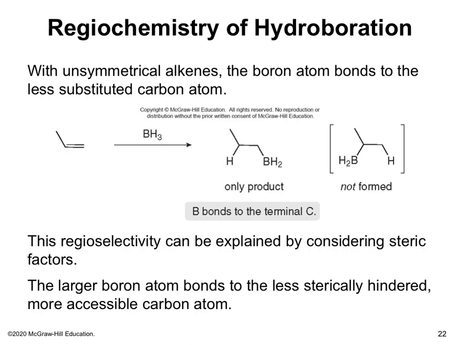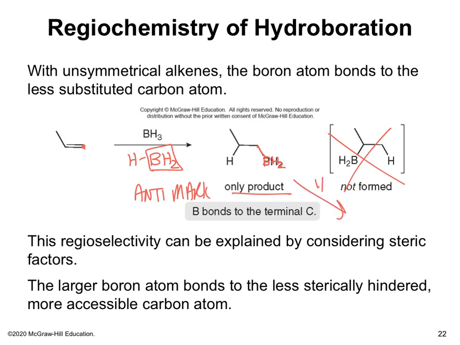Okay, this is showing you an unsymmetrical alkene, and so if we add H and BH2, the BH2 is going to add to the least substituted carbon. So it's going to be sterically driven, and this is the only product. This is not formed, and this is why you get an anti-Markovnikov addition, because then we add hydrogen peroxide and sodium hydroxide solution.